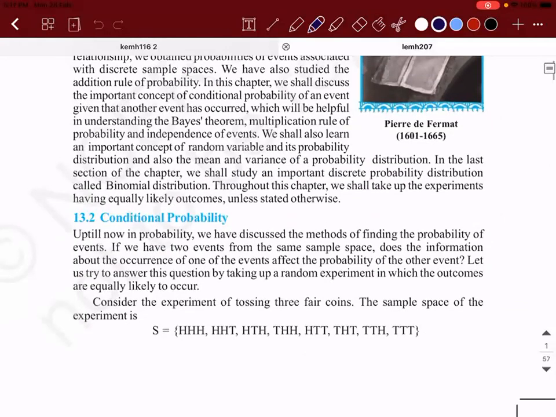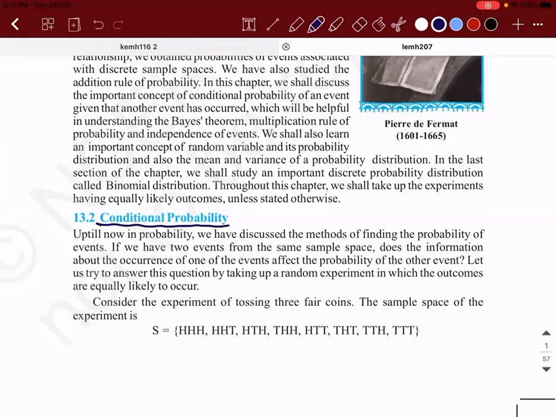So directly they are jumping into the concept of conditional probability. What is this conditional probability? The name itself is suggesting it. The sample space is again some group of events instead of the whole set.